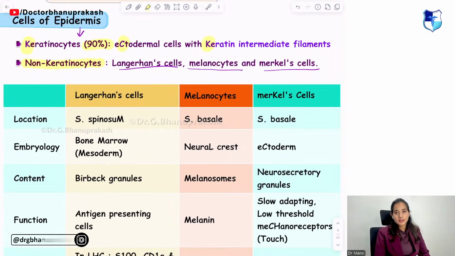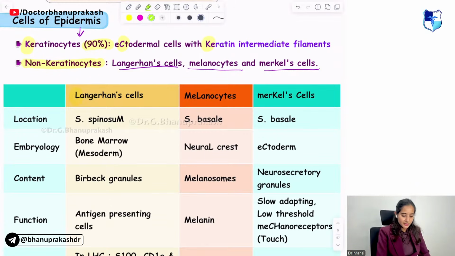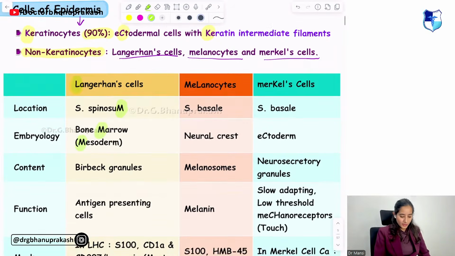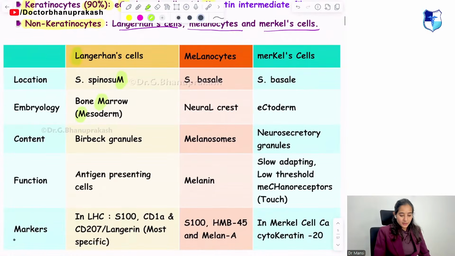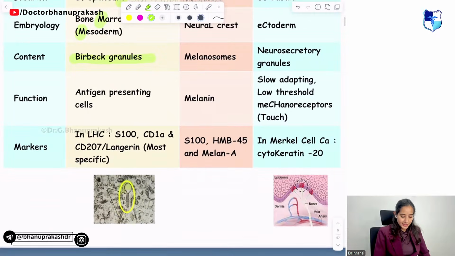Where are the Langerhans cells located? So L, Langerhans, L M. You can remember it like this: L M. Langerhans cells are present in the stratum spinosum, and they are M, mesodermal in origin, derived from the bone marrow. Specifically for Langerhans cells, remember that they have Birbeck granules, with a tennis racket appearance on electron microscopy.